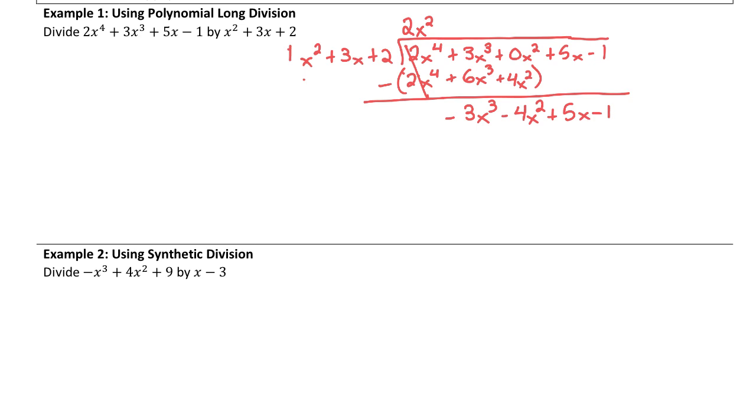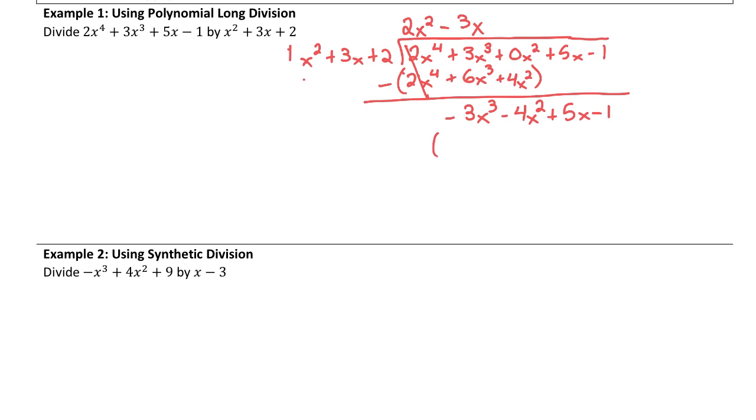And then the process starts over again. 1x squared times what would give me negative 3x to the third? So the first thing I ask myself, what times 1 gives me negative 3? Negative 3. What times x squared would give me x to the third? That would be x. x times x squared is x to the third.